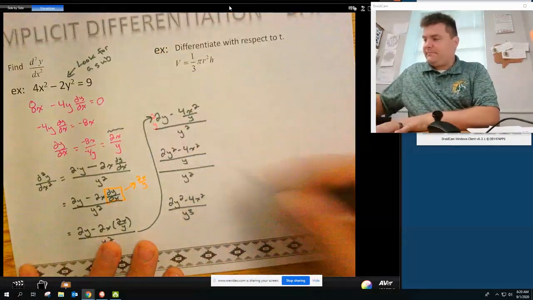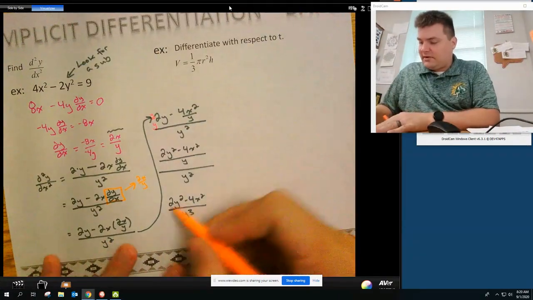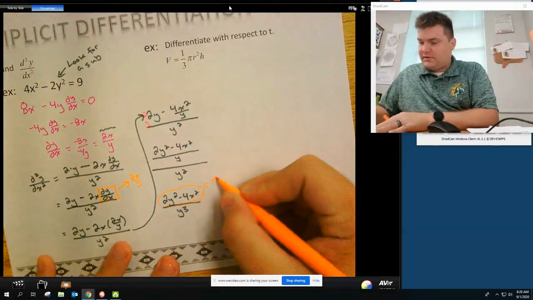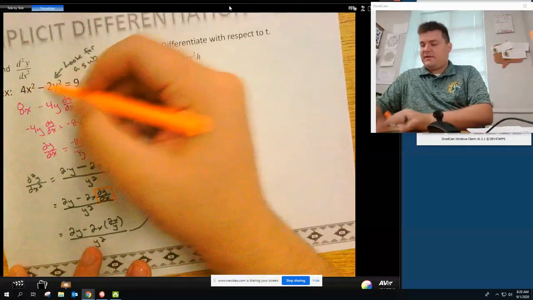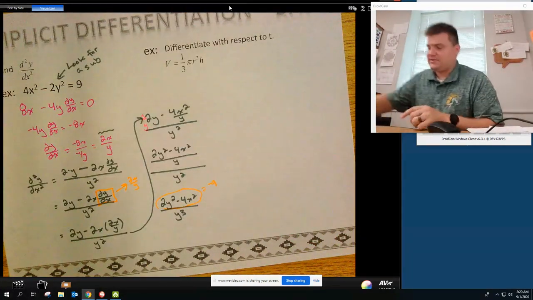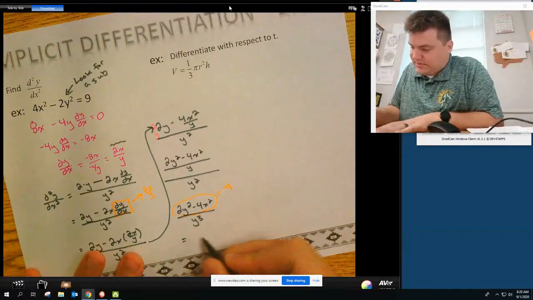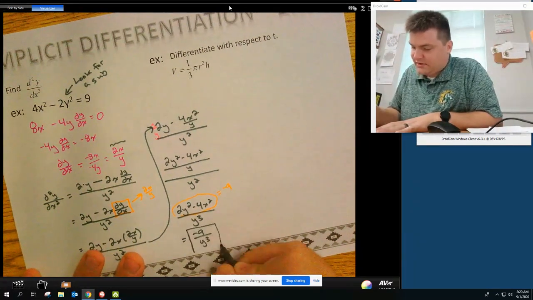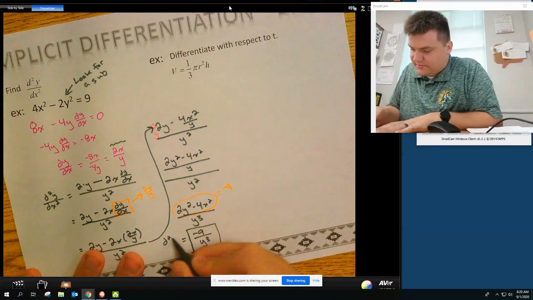So it's fair to say that this right here is equal to a negative 9, because if we make everything negative, this would work out. So our final answer here is going to be negative 9 over y cubed. And that's our final second derivative.